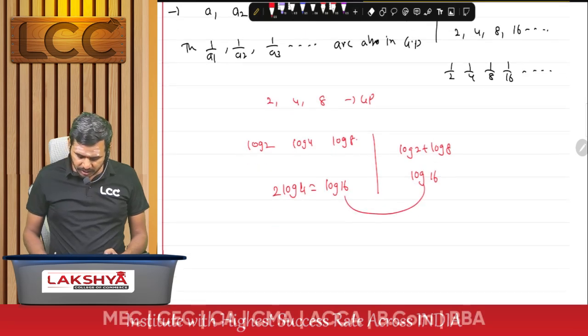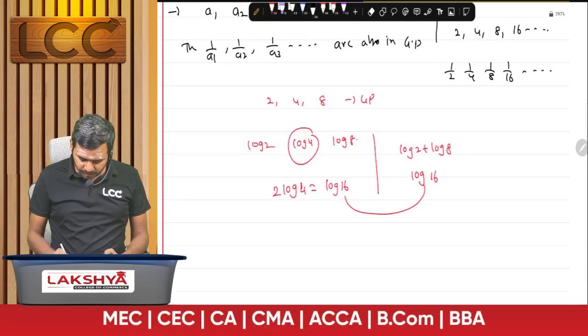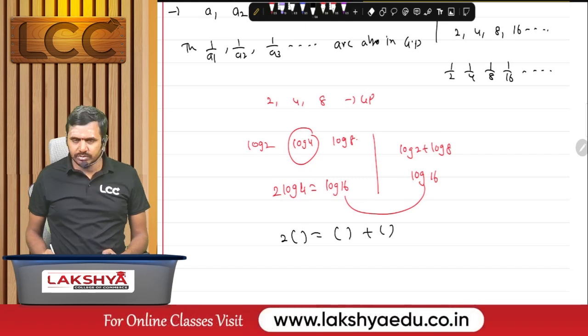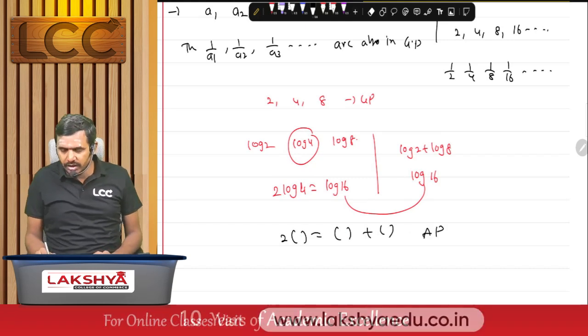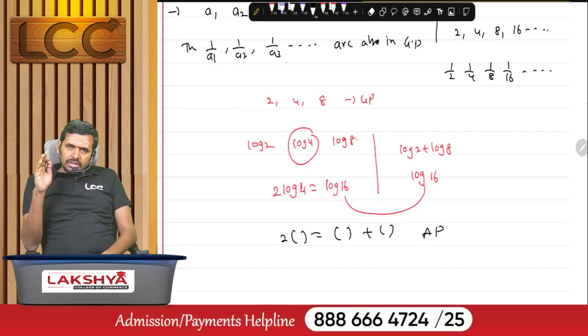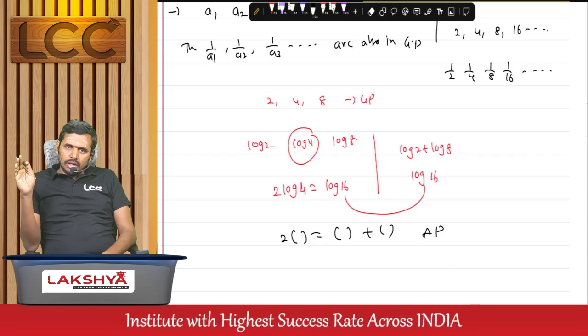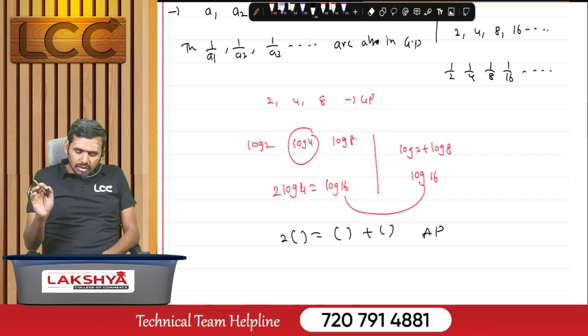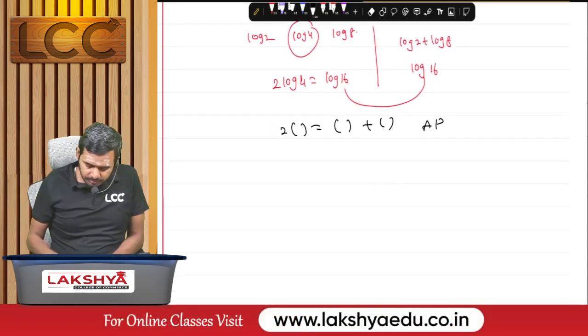Both are equal, which means 2 times the middle term equals the sum of extremes, so it satisfies the AP condition. Finally we conclude that if A1, A2, A3 and so on are in GP, then log A1, log A2, log A3 and so on are in AP, not in GP.